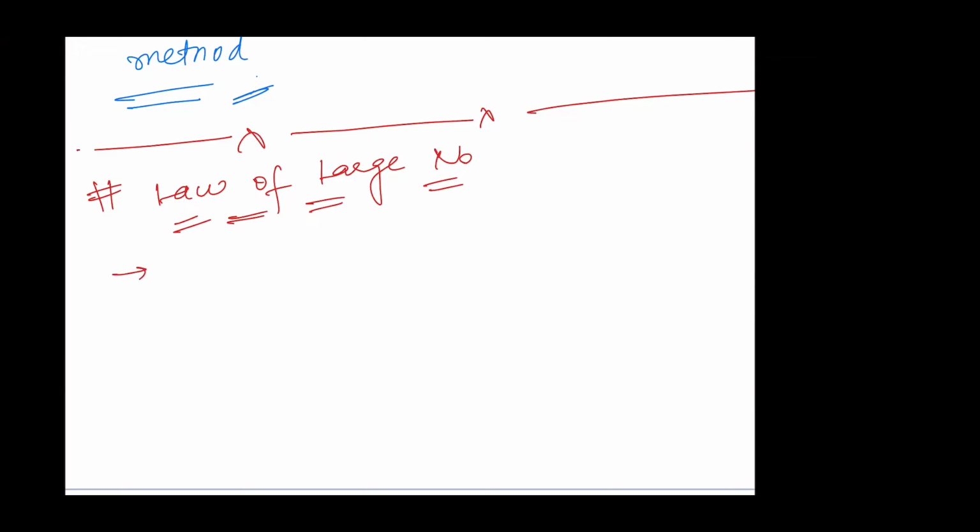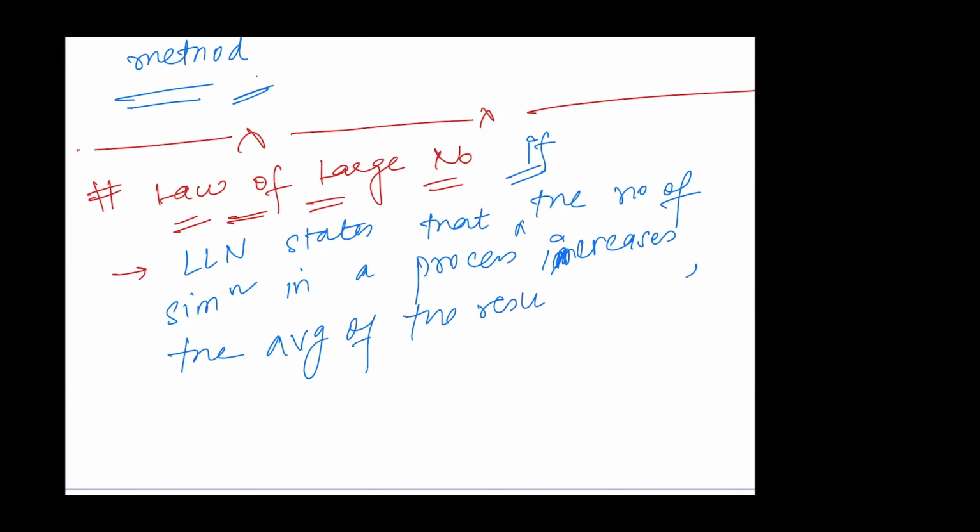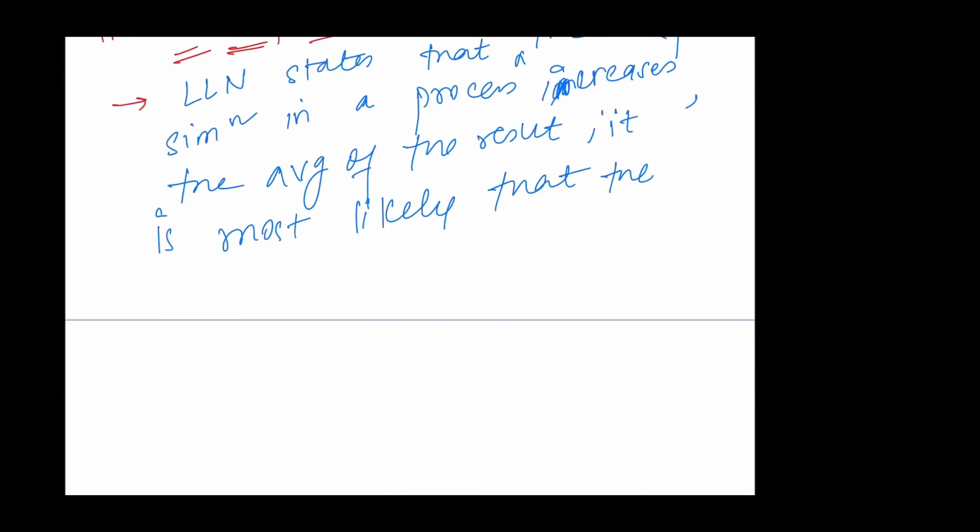Let me help you understand this in a better way, but let me write the definition first. The law of large numbers states that if the number of simulations in a process increases, and then we take the average of the results, it is most likely that the result will converge.